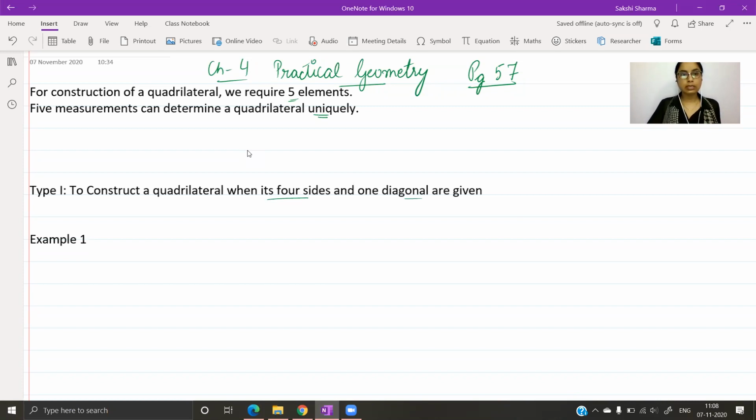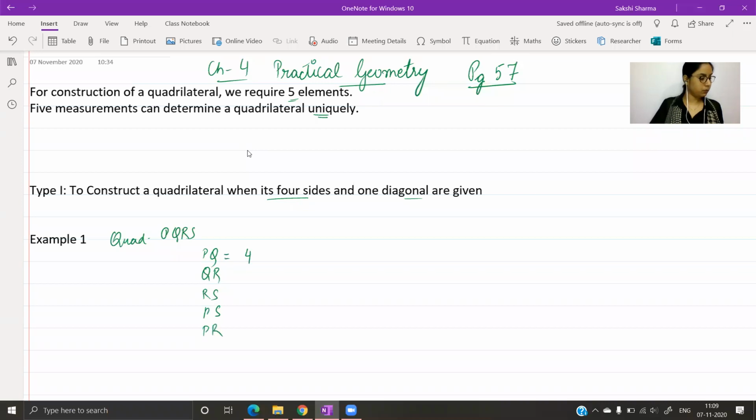So for this, I'm taking example number 1. I'm going to write down whatever is given to me. So I've been given a quadrilateral PQRS to be constructed, in which PQ, QR, RS and PS are given along with PR.